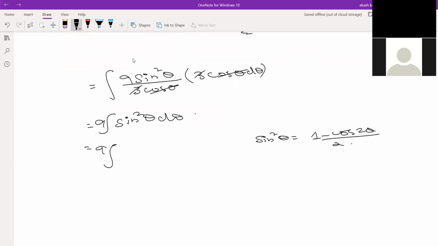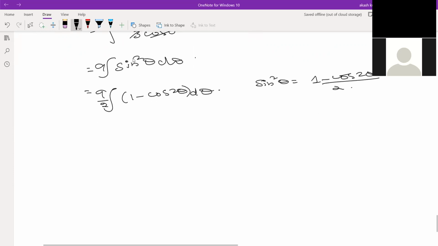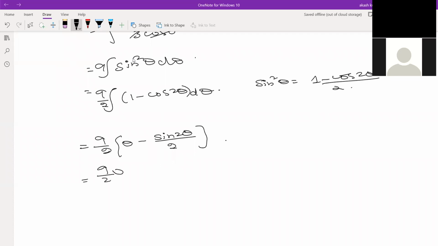So taking the half out, it becomes 9 by 2, and inside is left 1 minus cos 2 theta d theta. 9 by 2, and the integral of 1 is theta minus the integral of cos 2 theta, which is sine 2 theta divided by 2. So it is 9 by 2 theta minus sine 2 theta over 2, plus c.